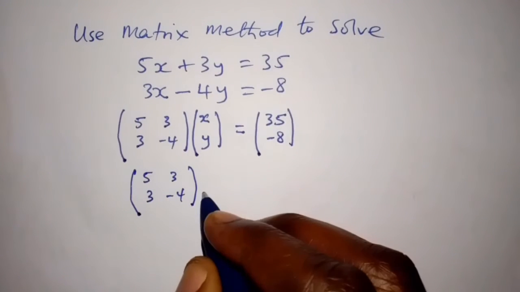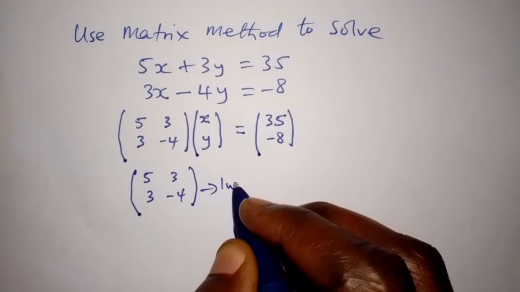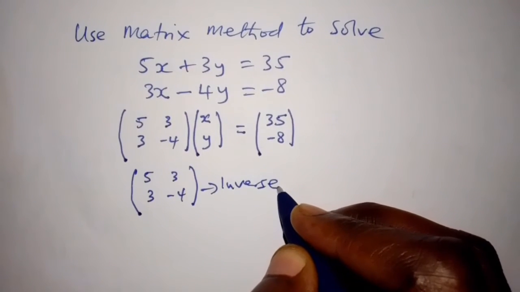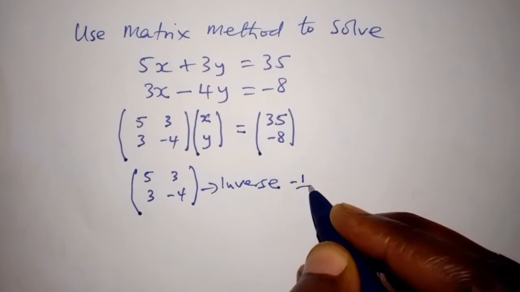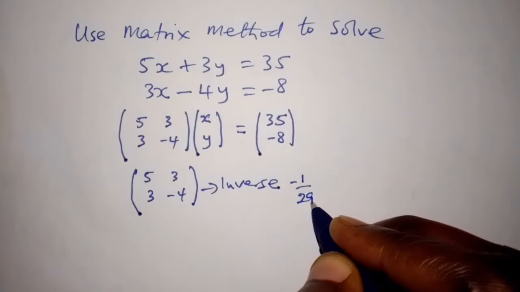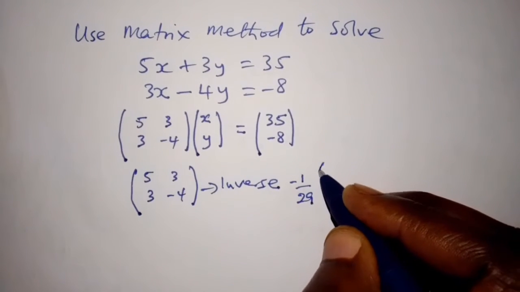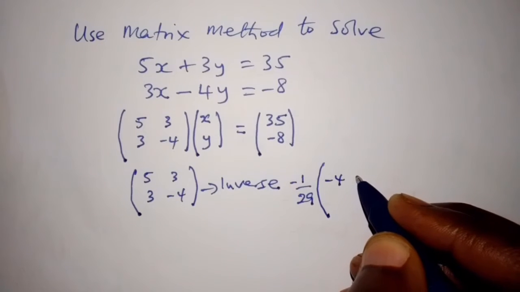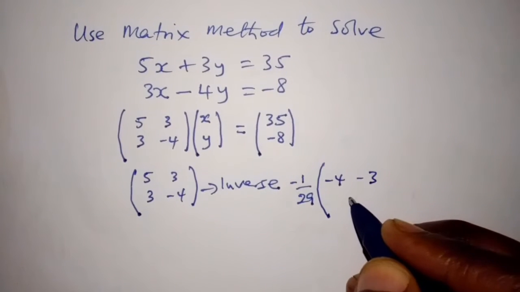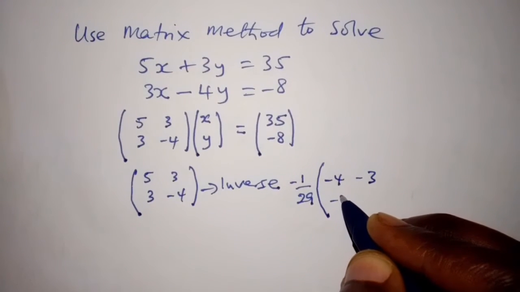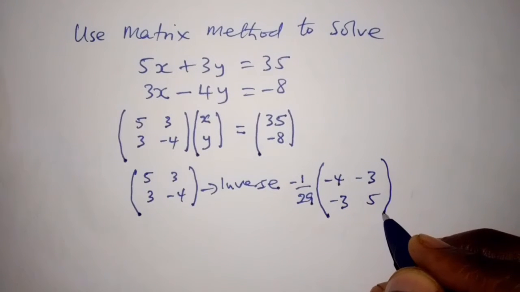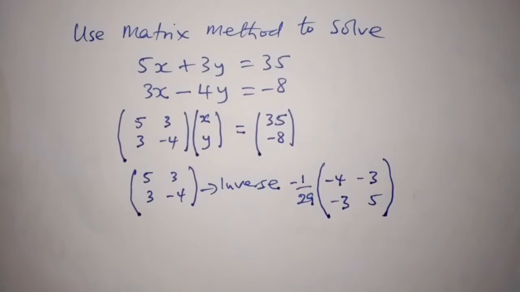The inverse is negative 1 over 29, times the matrix negative 4, negative 3, negative 3, and 5. That is the inverse.